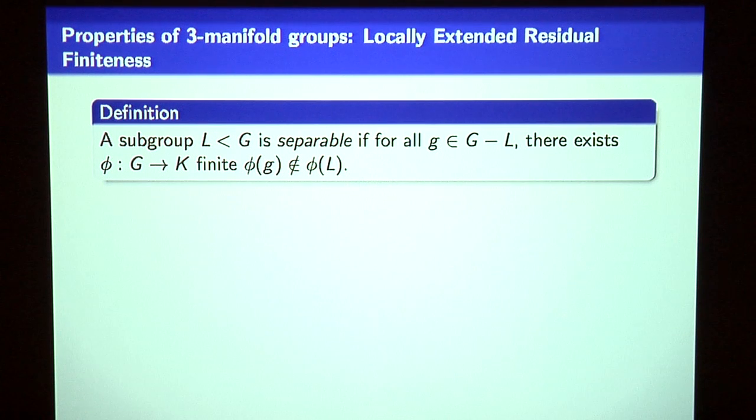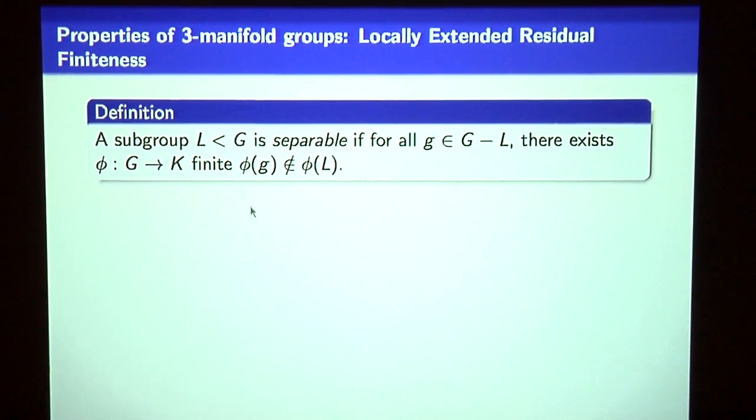So I wanted to talk about an extension of the notion of residual finiteness, which is called locally extended residually finite, or LERF. So a subgroup L in G is called separable if for all elements which are not in the subgroup, there's a homomorphism to a finite group which separates that element from the subgroup.